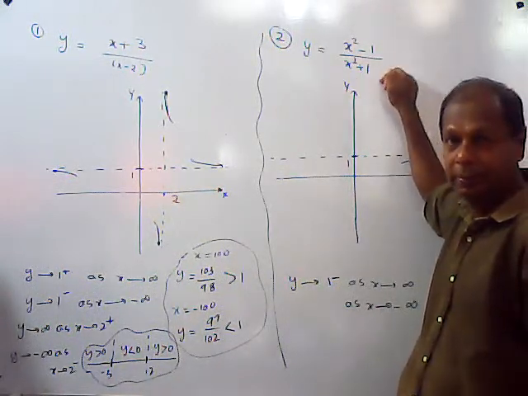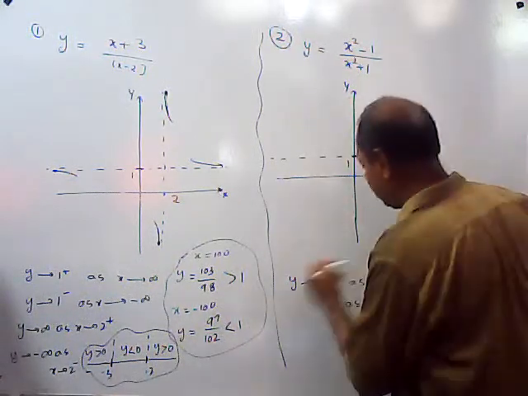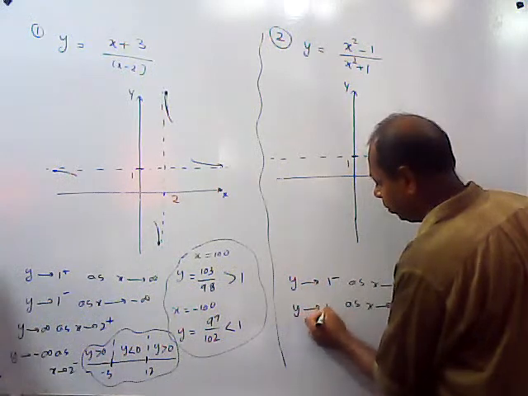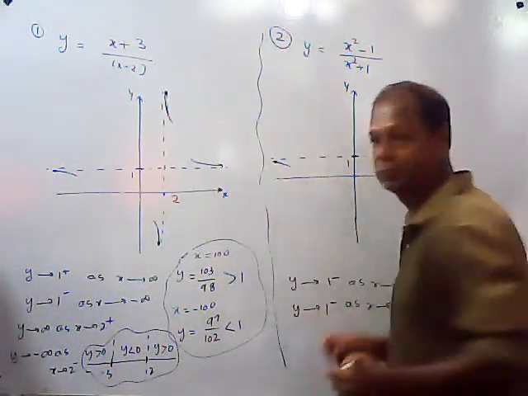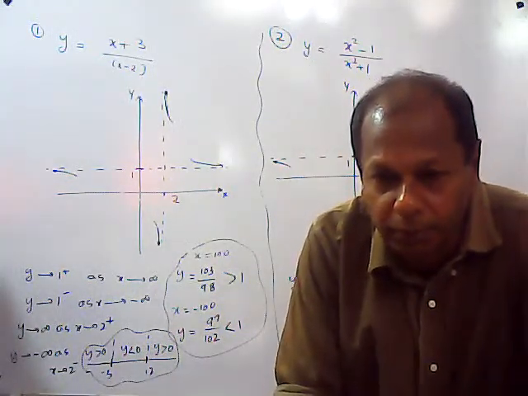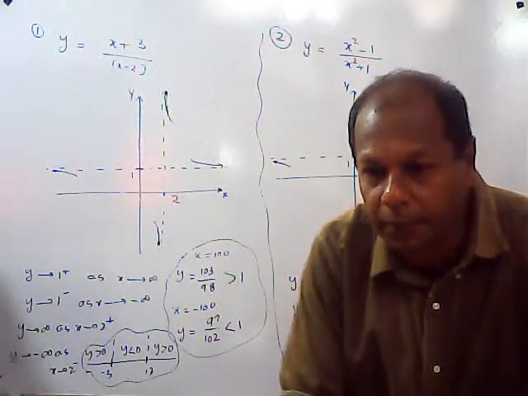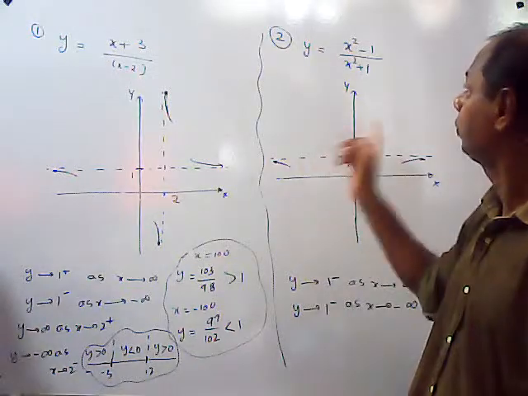The same result. The denominator is bigger, so it will go to 1 again from below. Okay, that's the answer for the first two.